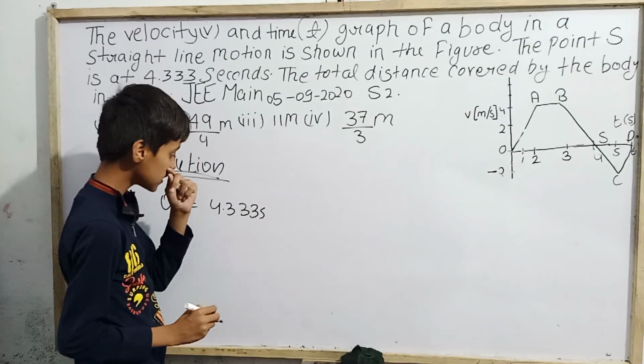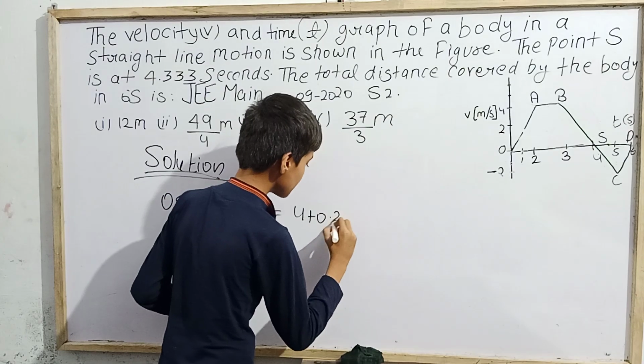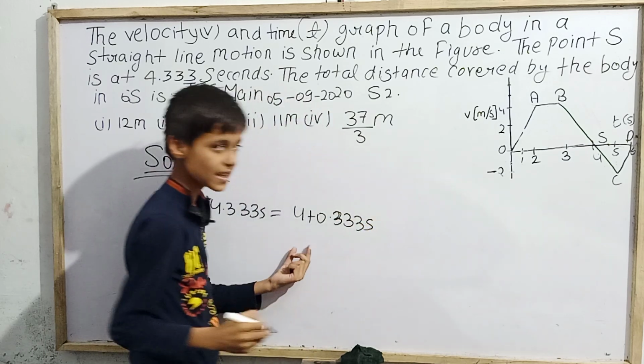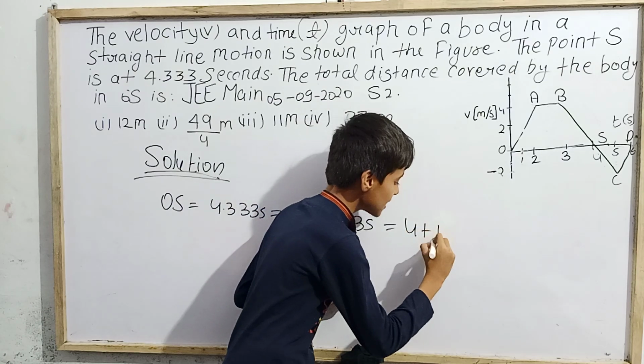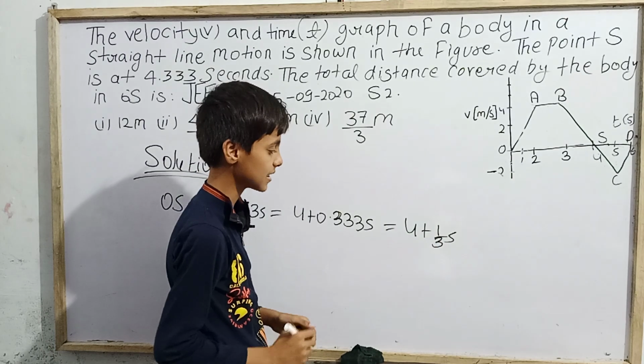Now 4.333 seconds we can write as 4 plus 0.333 seconds, which is 4 plus 1 by 3 seconds, since 0.333 can be written as 1 by 3.